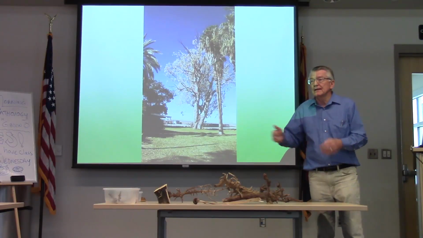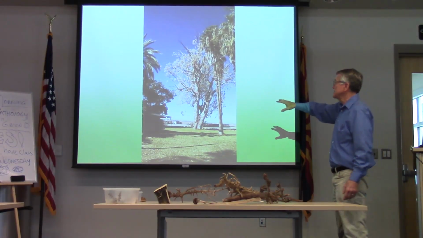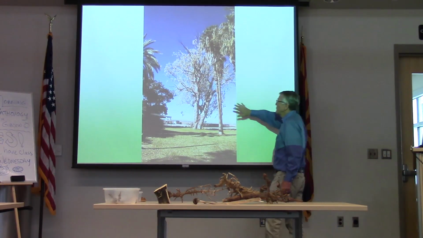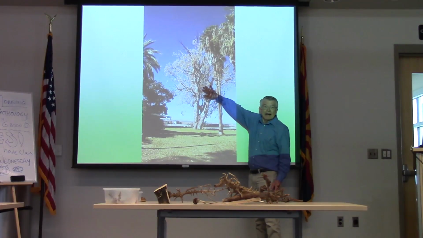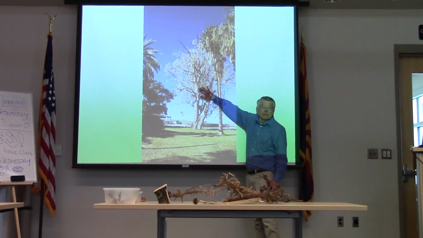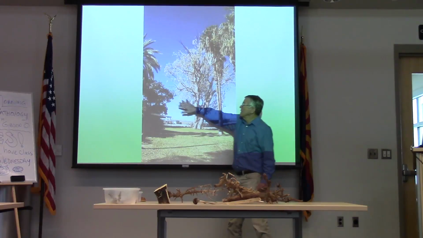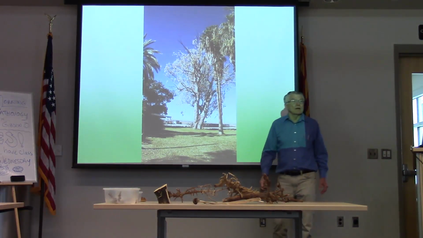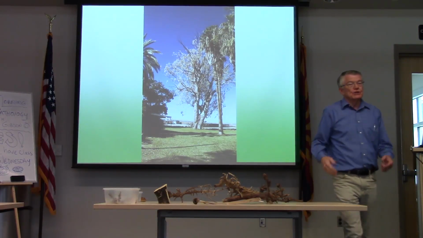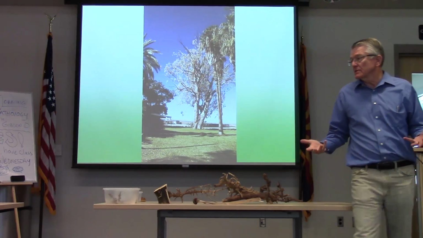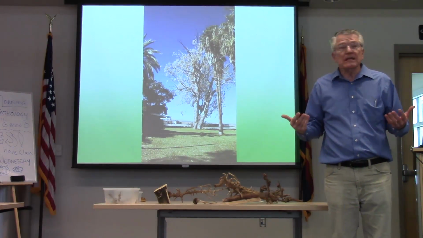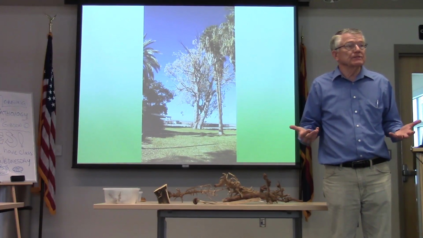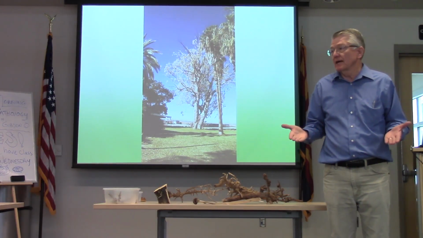So, when we look at a eucalyptus tree of this size, and we see the foliage drying up and clinging to the tree, while all the other trees around it are doing fine, it starts us to ask questions. What would be causing this kind of a problem? Is it an insect?